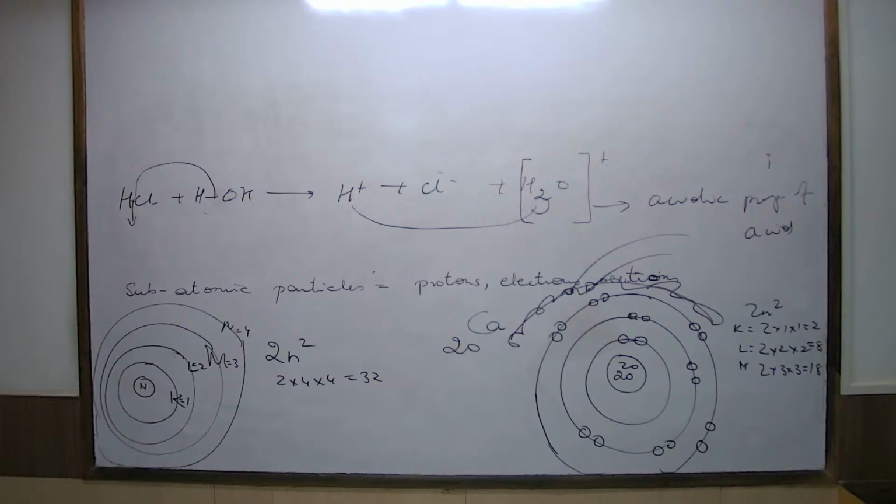Okay. Now, since you have finished all that, you read in your book right up to valency. Selena, read up to valence electrons. Dalal, you read pages 54, 55, 56, 57, and 58.